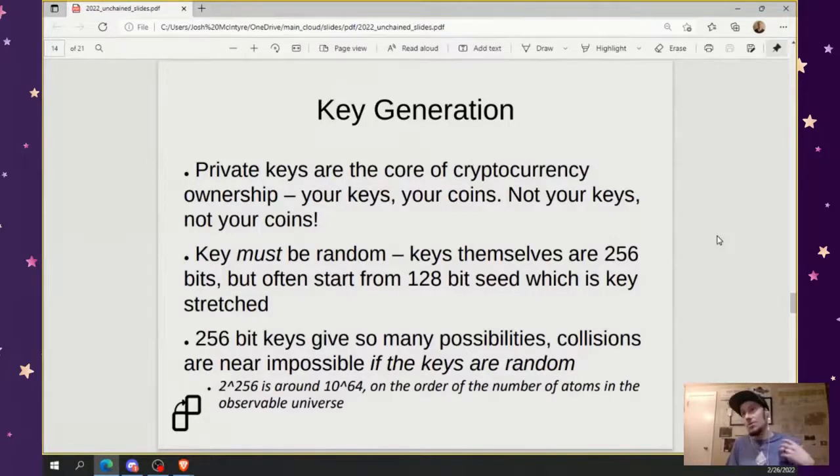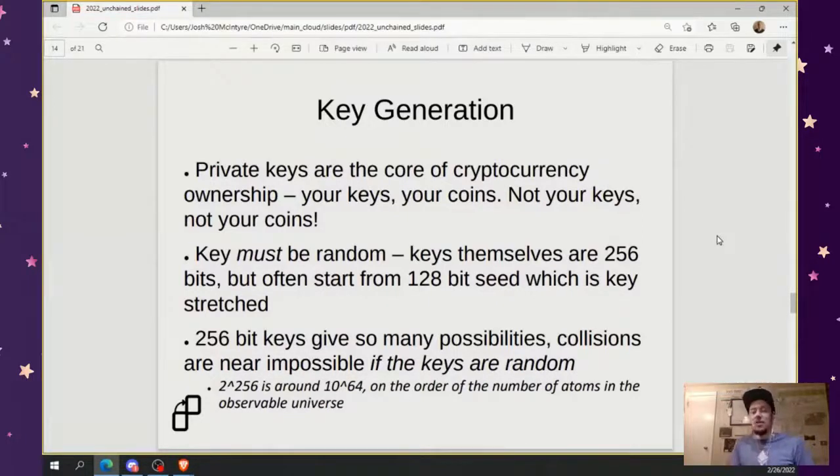Now, you may be wondering, is 256 bits enough? Is that enough entropy to make sure nobody can ever guess my key? And the answer to that is if it is securely generated from a cryptosecure function or even something like good dice rolls, yes.